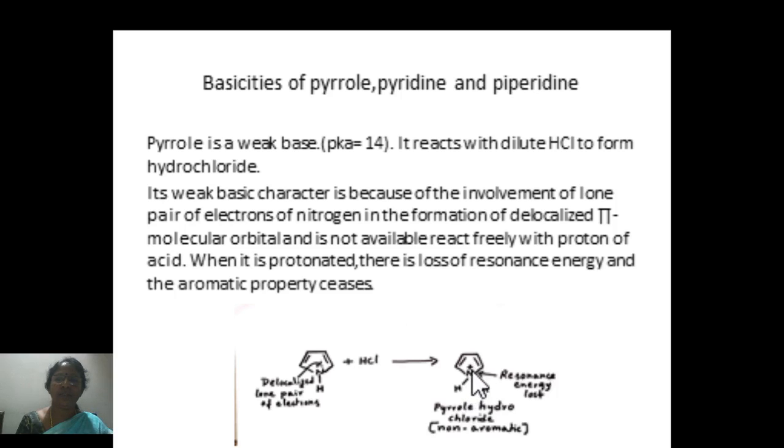When this uses its lone pair of electron, there is a rupturing of pi molecular orbital, hence the aromaticity ceases. So therefore, pyrrole is a weak base compared to pyridine and piperidine. Its pKb value is 14.